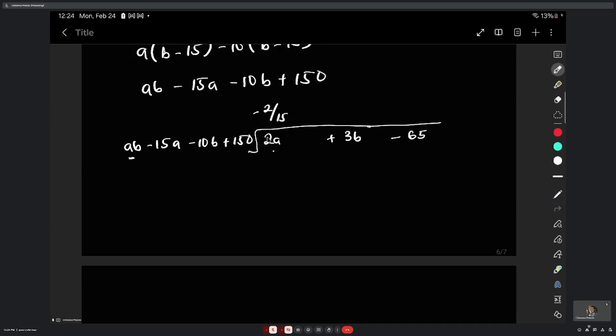So that's minus 2 over 15. Let me just bring it out here: minus 2 over 15 AB, right? Then this minus will be plus 2A, and this will be plus 20 over 15B, which is 4 over 3B, right?